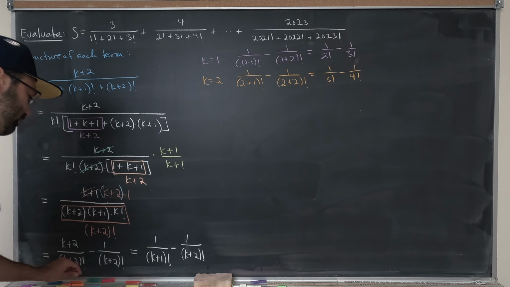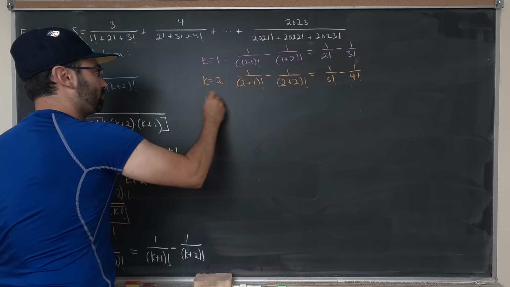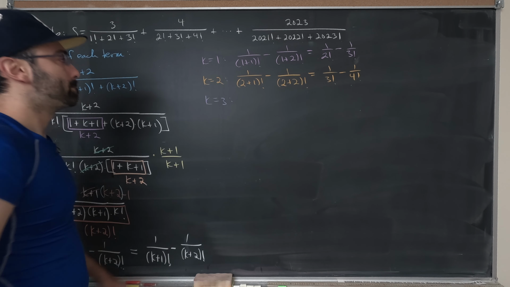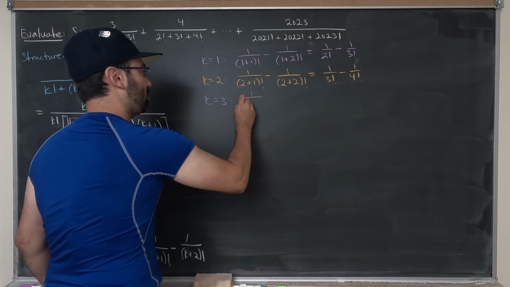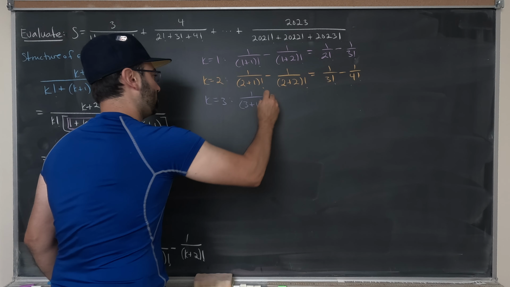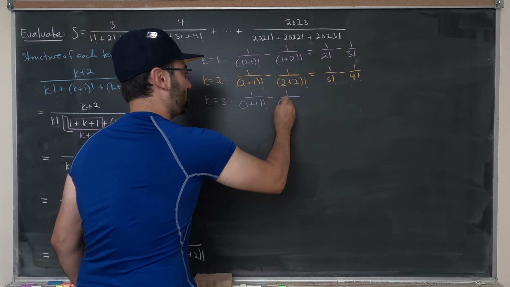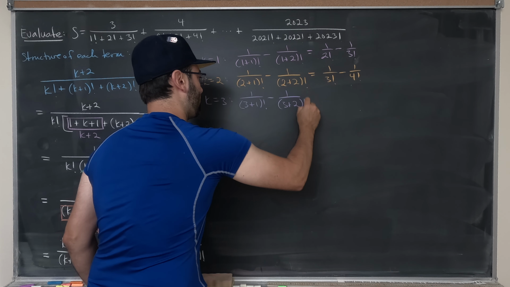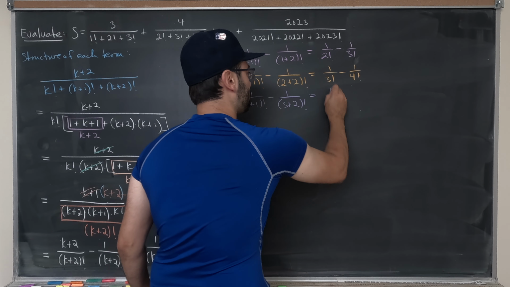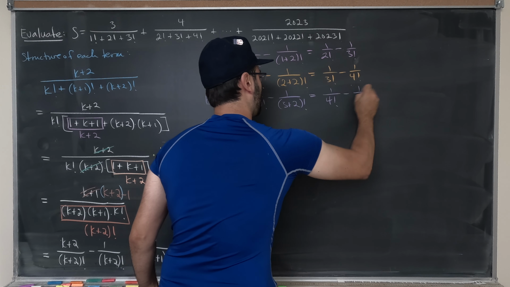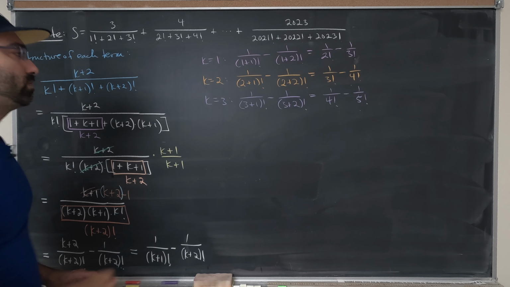Let's write out another term. When k equals 3, well, now we have 1 over 3 plus 1 factorial minus 1 over 3 plus 2 factorial. But that's just 1 over 4 factorial minus 1 over 5 factorial. Okay, perfect. Now we can go on, of course.